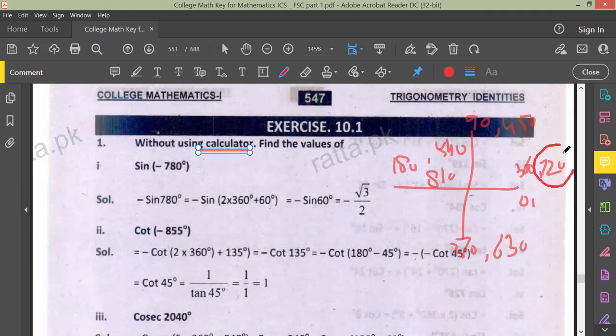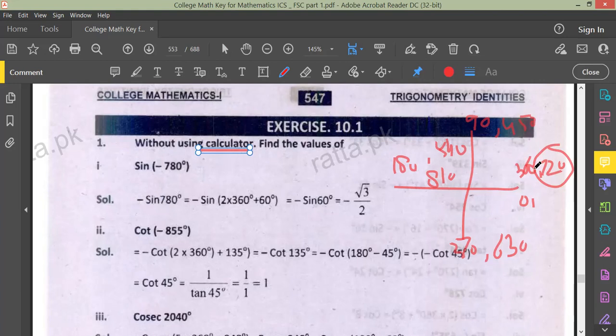It is beyond 720. If there is a negative sign, the negative sign will come first. So this becomes minus sine 780.